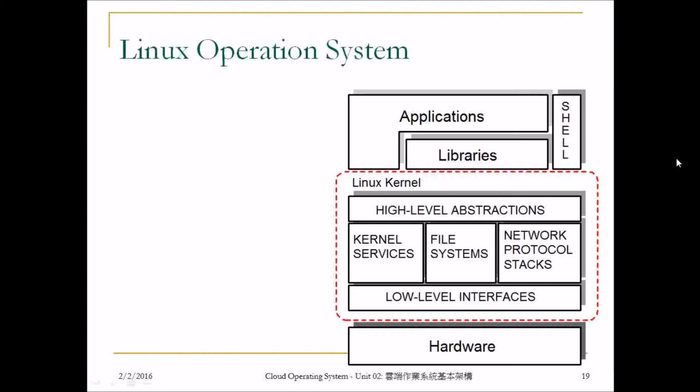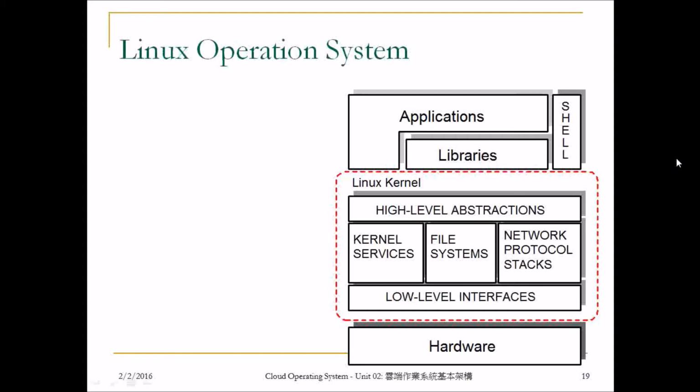Of course, the device drivers will be embedded within these interfaces. So the kernel or the file system or network protocol stacks can interact with the physical hardware through the low-level interfaces.